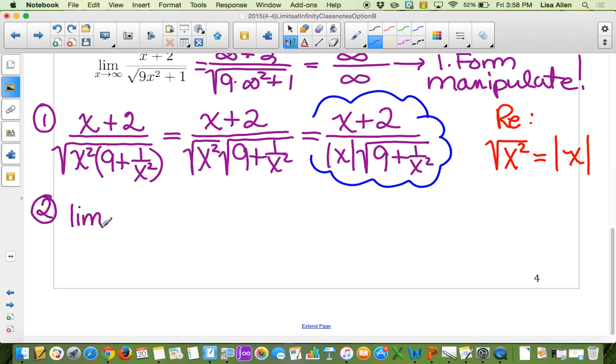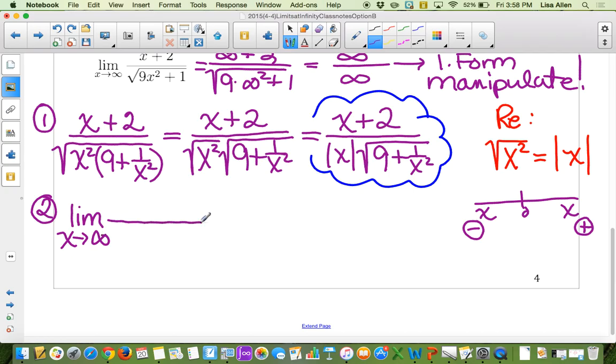Now, I want you to think about the absolute value of x. Remember, you have x's that are positive, and you have x's that are negative over here. And then you have 0 in the middle. So we're heading now first in the positive direction towards positive infinity.